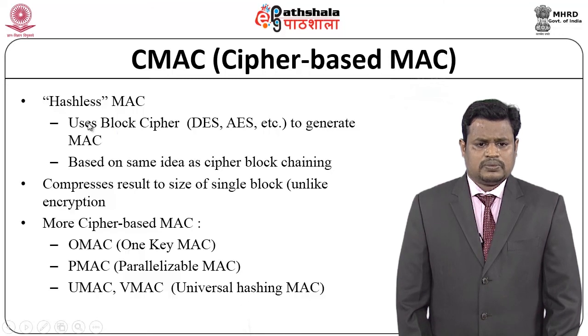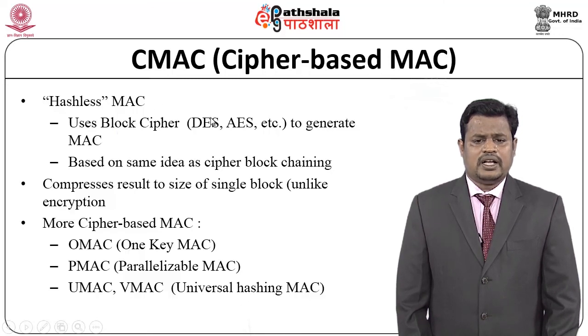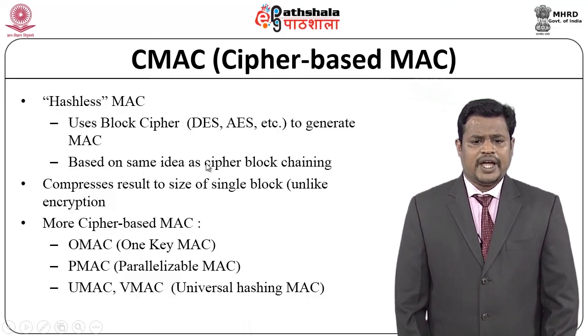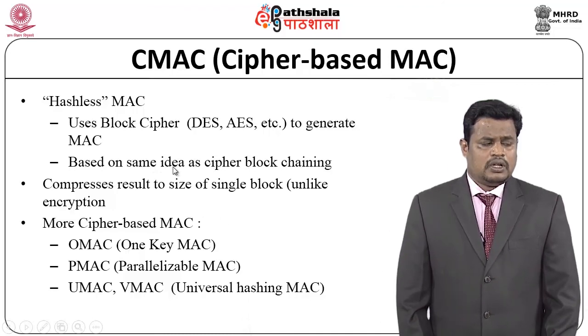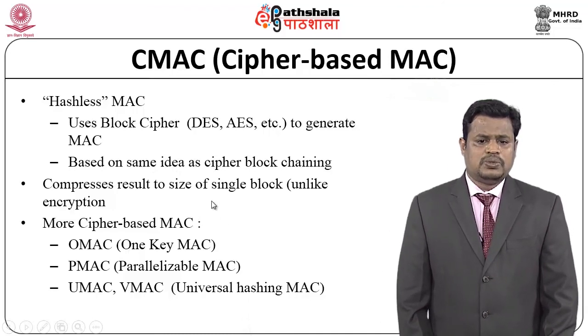We use the symmetric key algorithm DES or AES to generate the MAC, based on the same idea of cipher block chaining. The result is compressed to the size of a single block. We have other variants, such as one-key parallel MAC and universal hashing MAC algorithms.